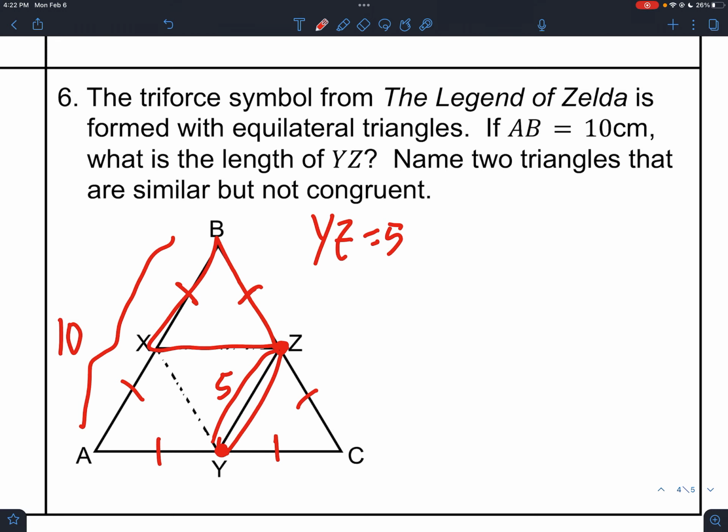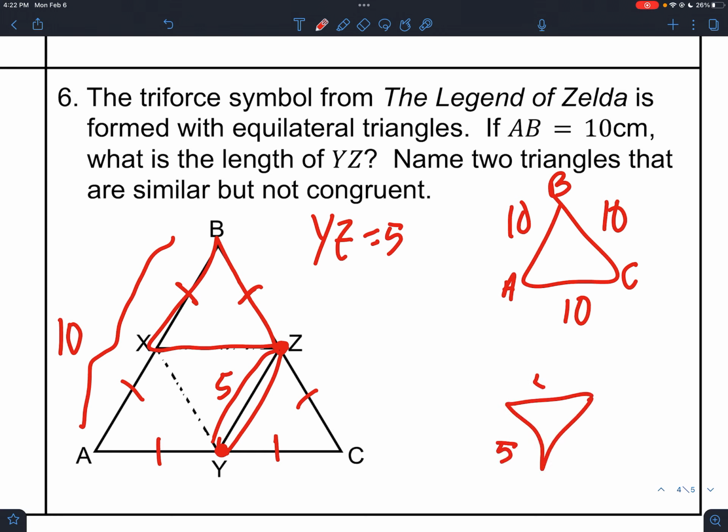And then it says name 2 triangles that are similar but not congruent. So we could look at the big triangle, which is 10, 10, and 10. It's equilateral as well. And then we could look at the one in the middle, which is 5, 5, 5, upside down, XYZ. Those would be similar because they're all 60 degrees, right?